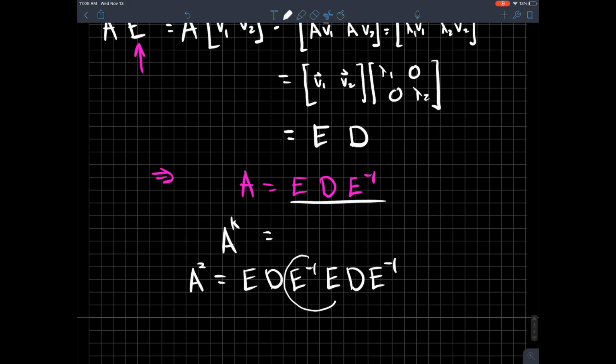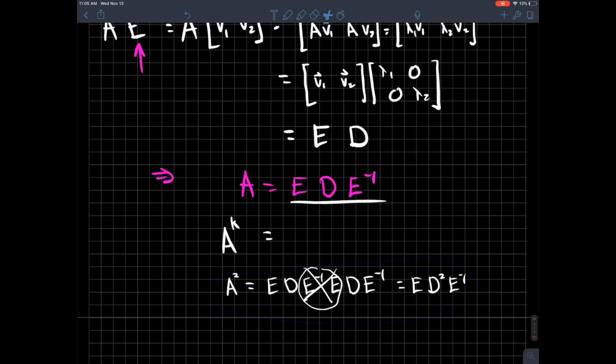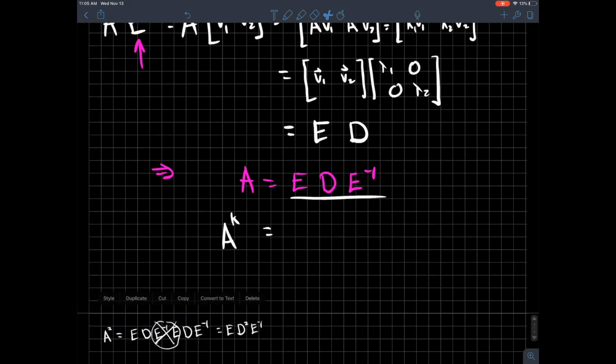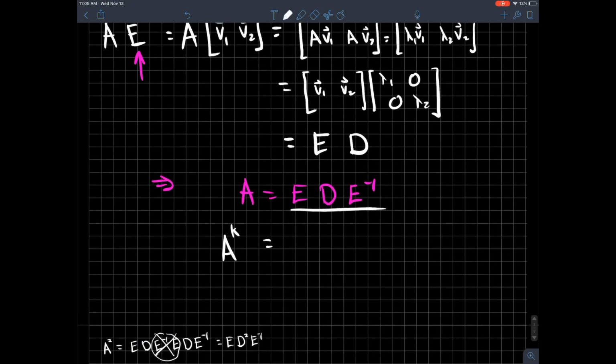Notice here in the center, there's going to be a cancellation, so you're just going to get E D squared times E inverse. Moving this off to the side, going back up here, now A to the K, it's not going to be hard to see that in reality it's just E times D to the K times E inverse.